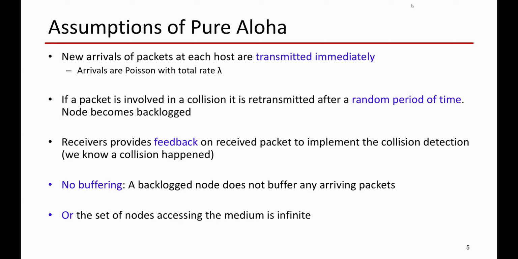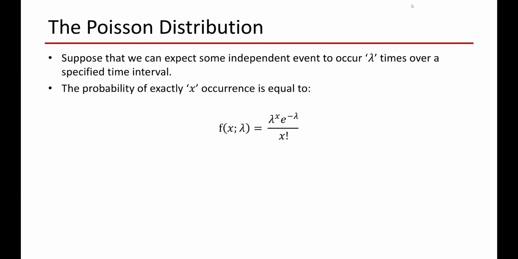The set of nodes accessing the medium is infinite. So I can retransmit until I give up. Giving up time is usually 7 times in practice, but theoretically there is no giving up time specified.